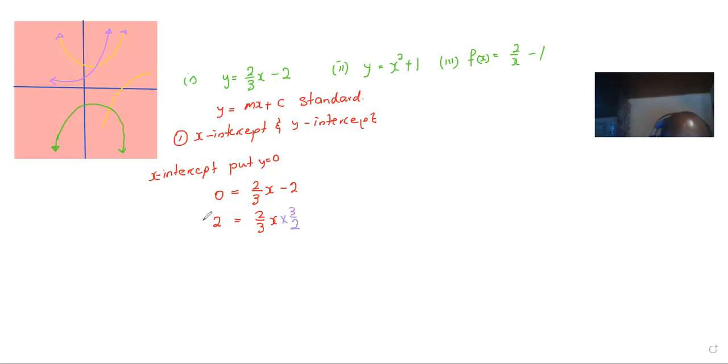What you do on the left of the equation, you do on the right. Therefore, our x will equal 3. In coordinate form, x is 3, y is 0. That is the x-intercept.